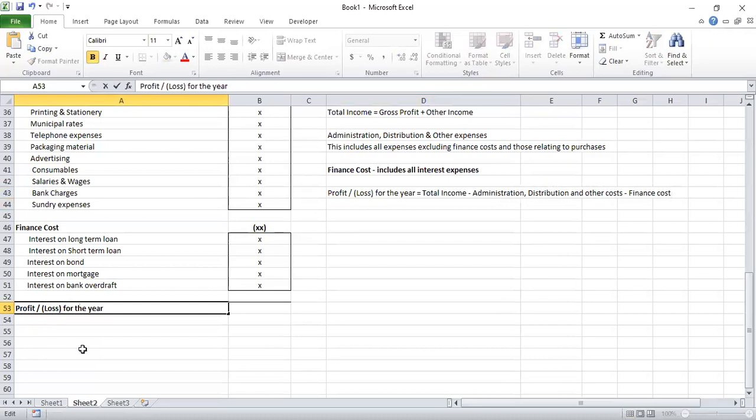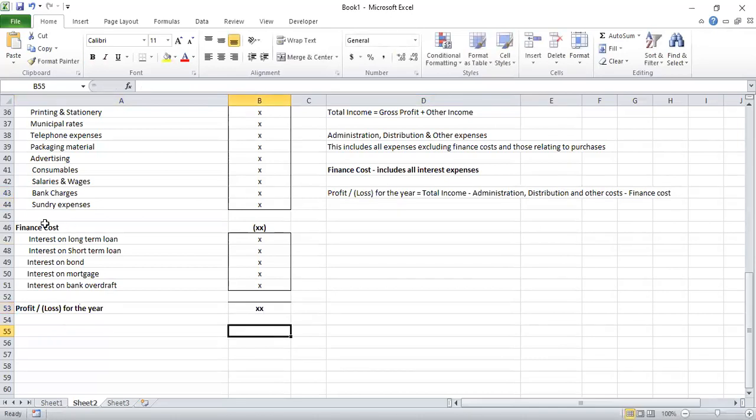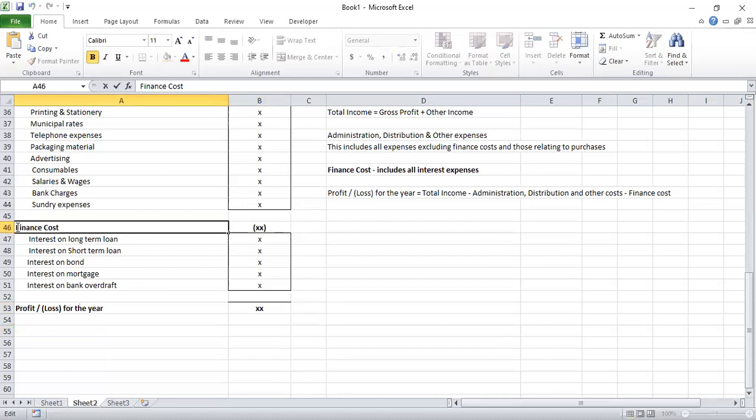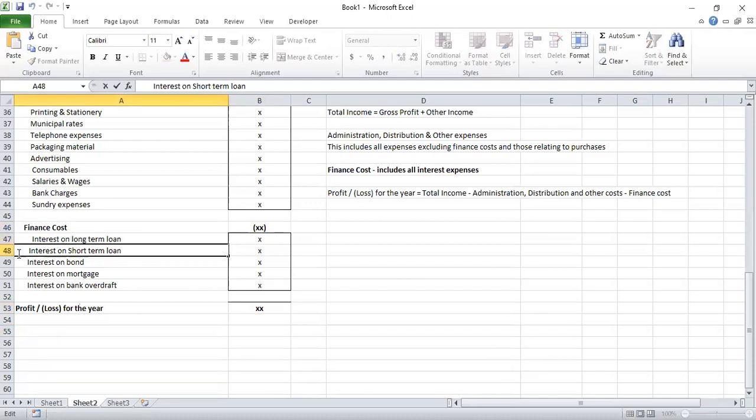If it's positive, that is the income is more than the total expenses, then it will be a profit. Positive, it's a profit. Negative, it's a loss.